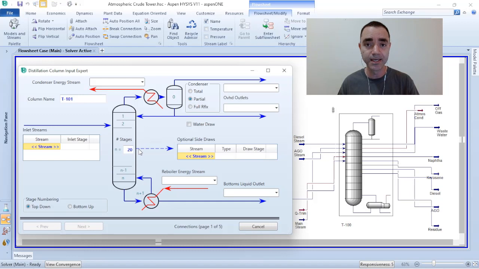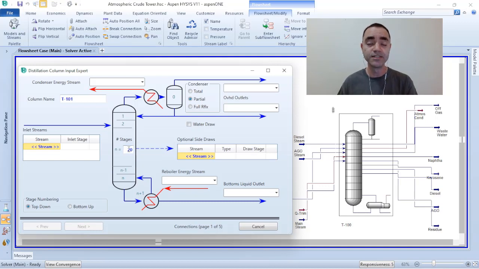In this specific case, I have 22 stages of equilibrium, or 22 total stages of equilibrium, in this distillation column. So in this case, my number of trays is 20 because I have set 20 in the number of stages, but the total number of stages of equilibrium is 22.